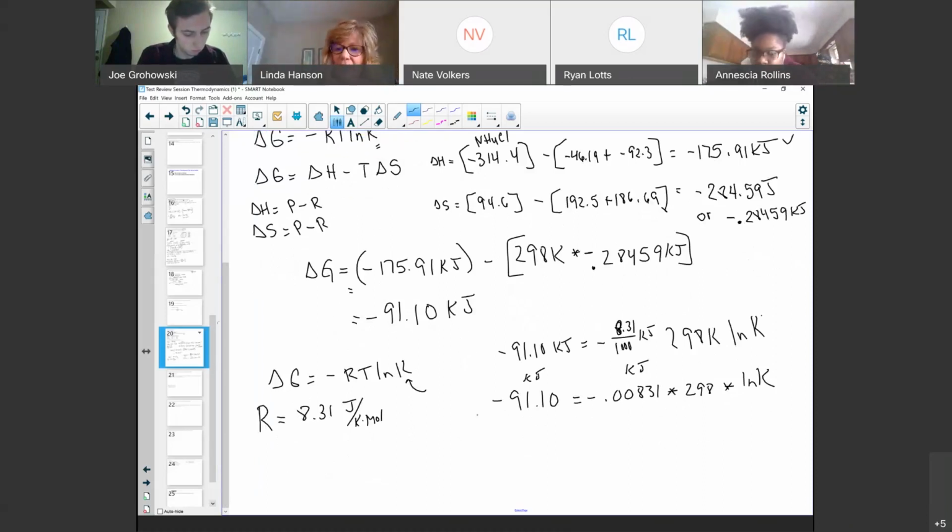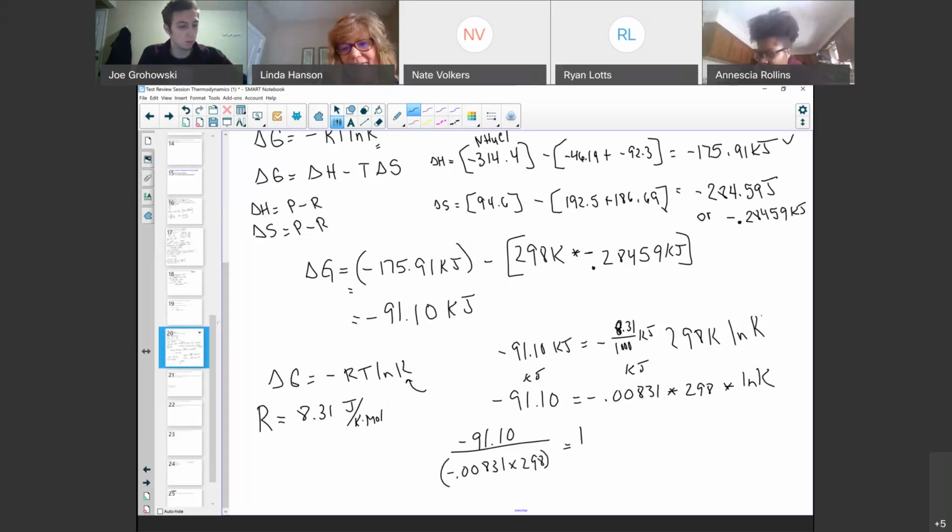Bring the R constant and the Kelvin temperature over. So just to see what I'm doing on my calculator, negative 91.10 over negative 0.00831 times 298.